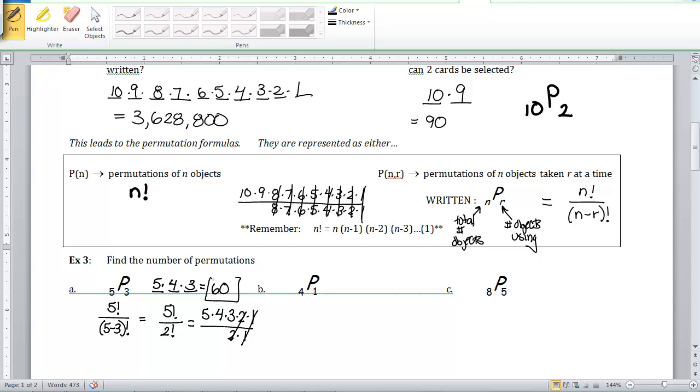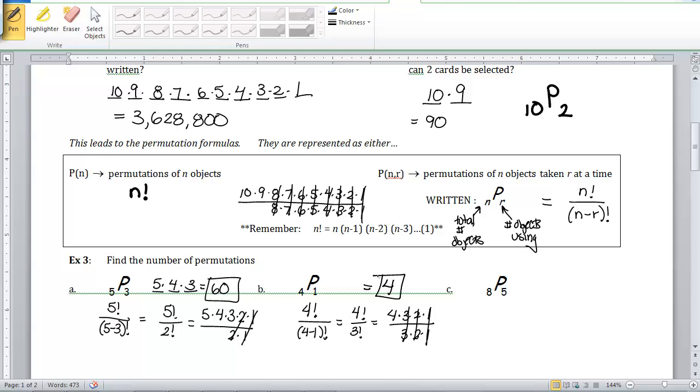By hand, that would have meant 4 factorial divided by (4 minus 1) factorial, which gives me 4 factorial over 3 factorial, which means I've got 4 times 3 times 2 times 1 divided by 3 times 2 times 1, and this is why we got a value of only 4.